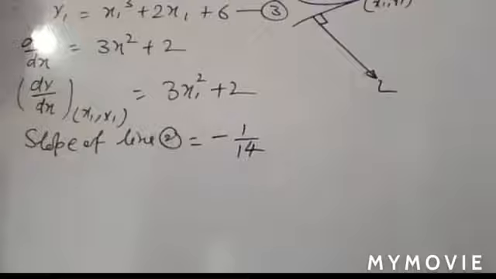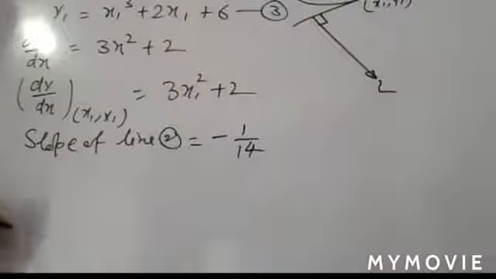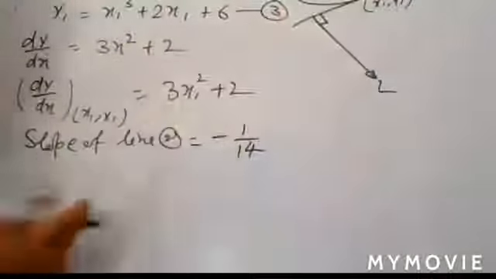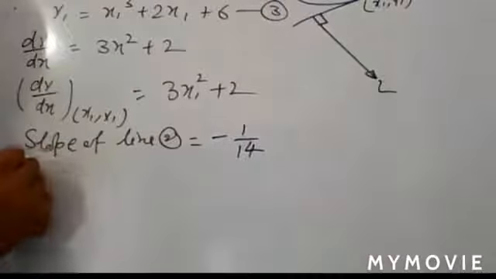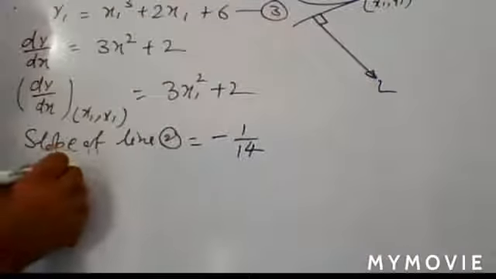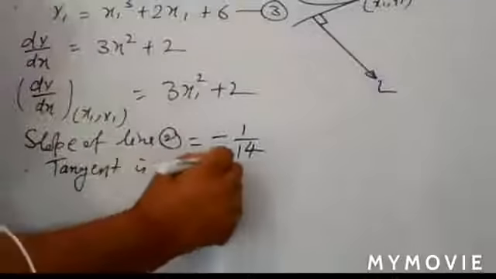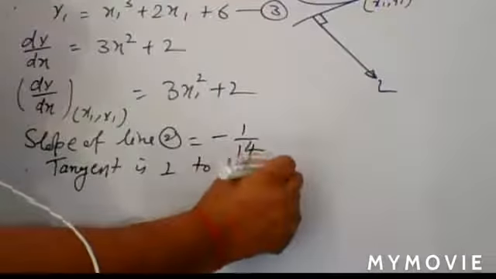So the slope of tangent and slope of line are both known. Now, what is given? The tangent is perpendicular to the line. So you write, since tangent is perpendicular to the line.